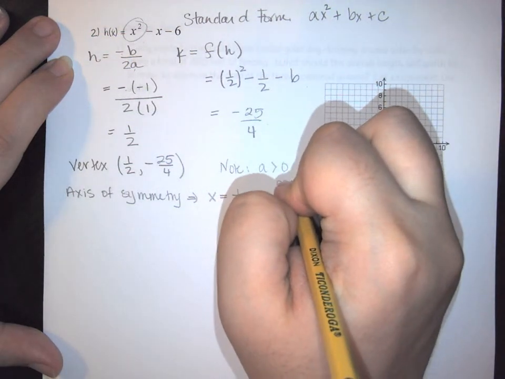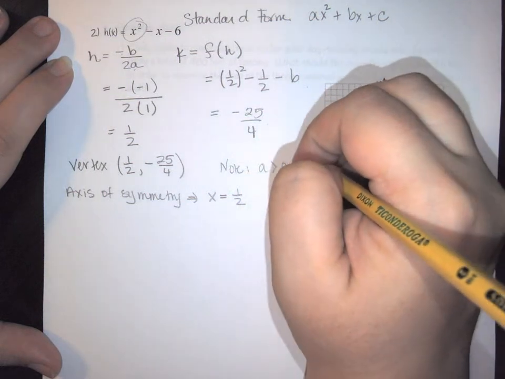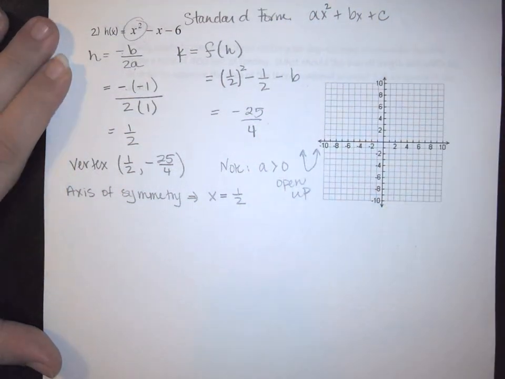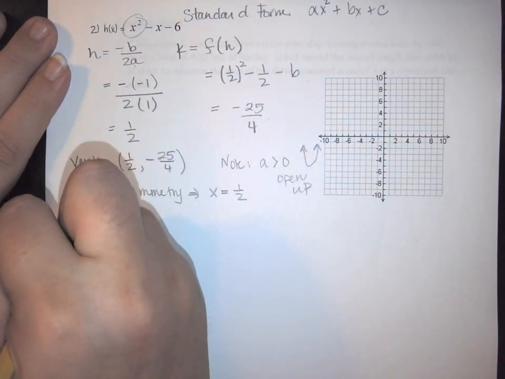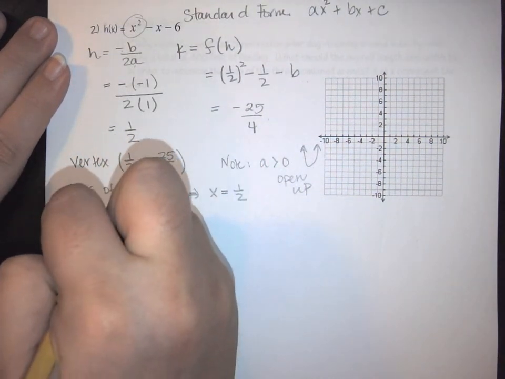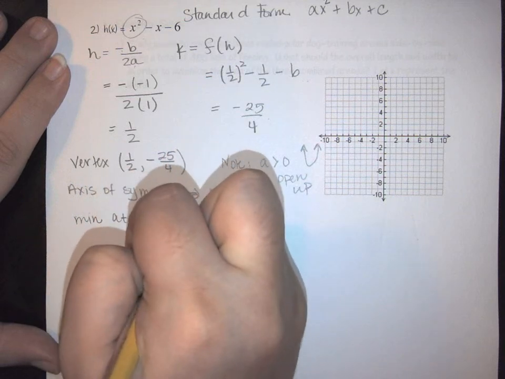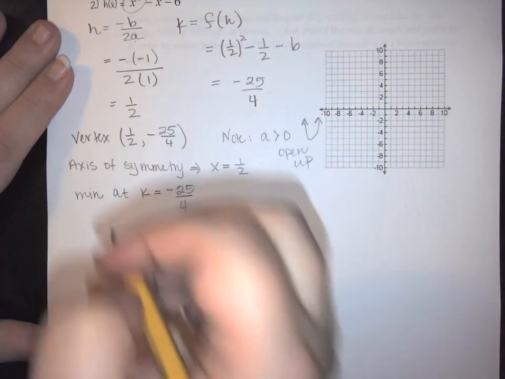This means we are going to open up, and opening up simply means that we're going to have a smiley face here. So this means we are going to have a min value at k equaling negative 25 over 4. We can also do increase and decrease.